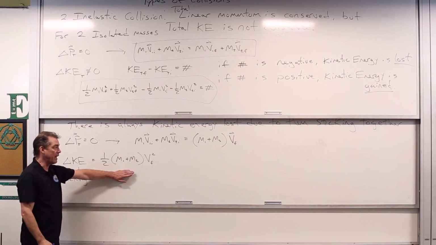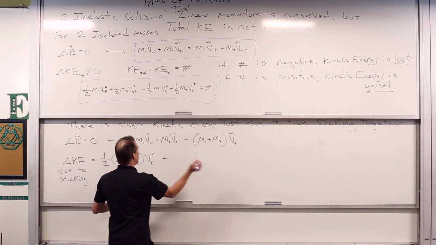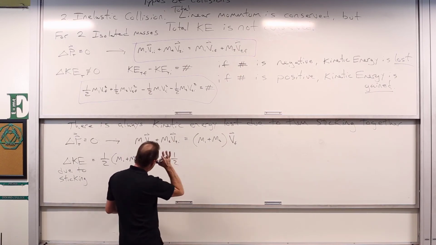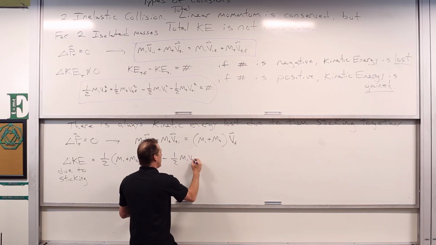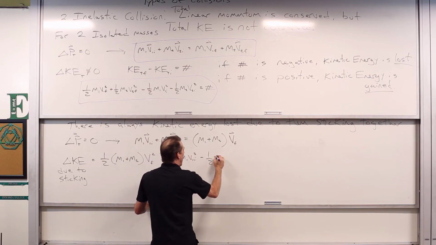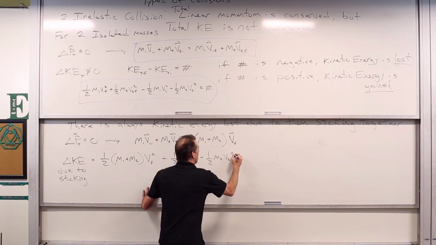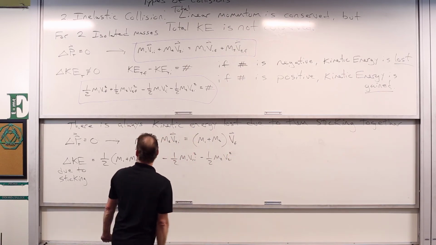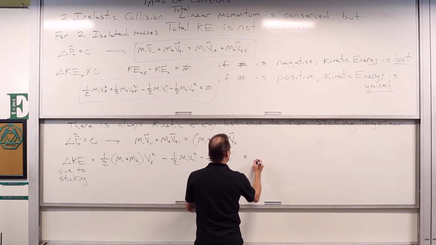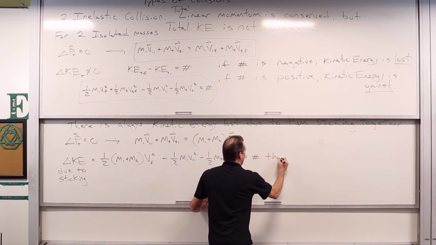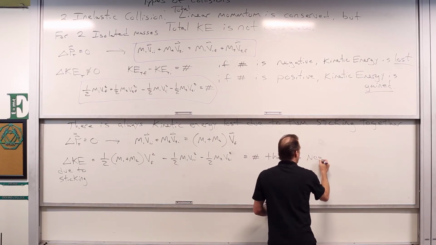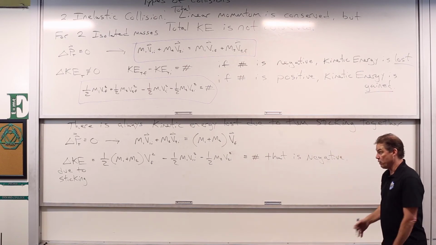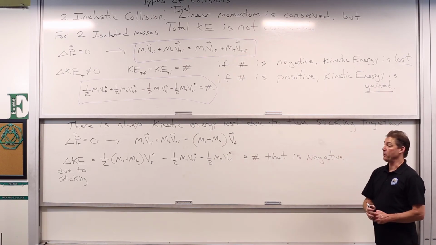There's the total final kinetic energy of the system minus the total initial kinetic energy of the system, which is the sum of the individual kinetic energies initially. 1/2 M1 V1 initial squared plus 1/2 M2 V2 initial squared. And this will be equal to the number that is negative, which represents the amount of energy required to make the objects stick together in the first place.